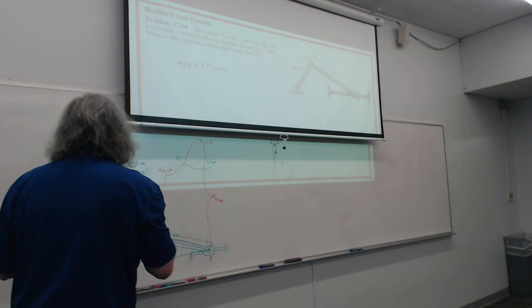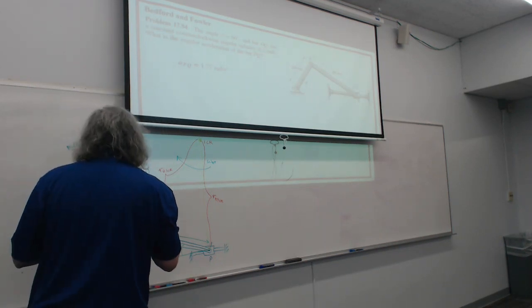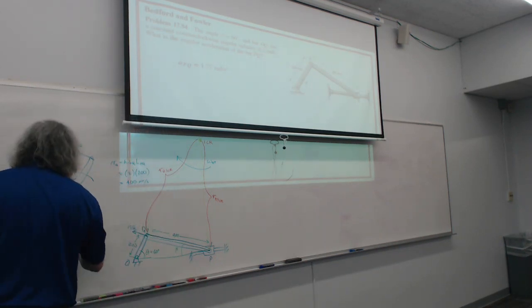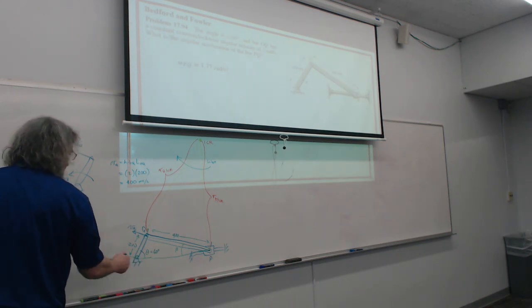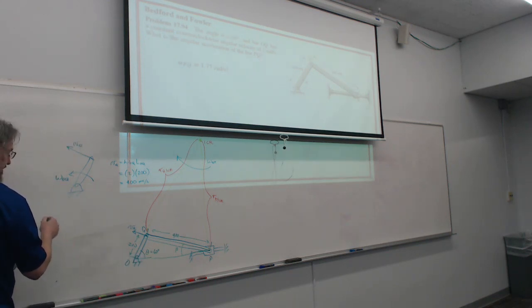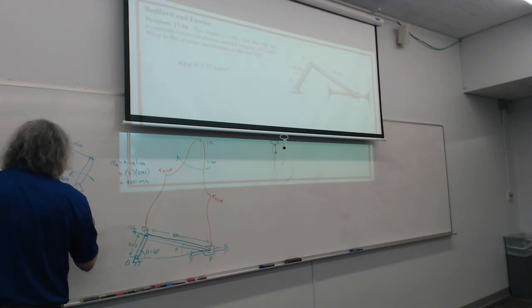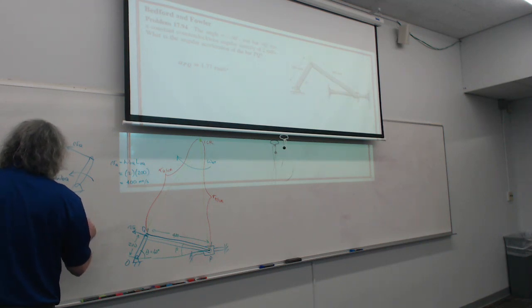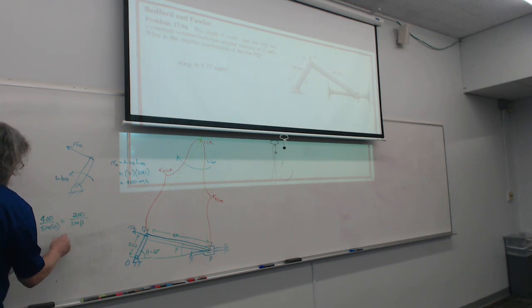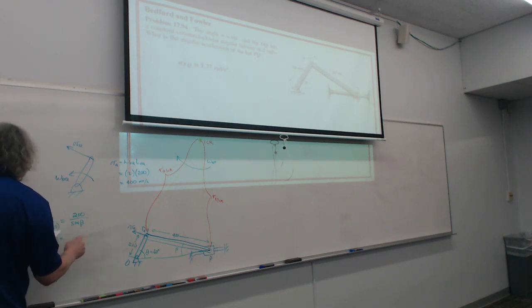Oh, I did the law of sines. Okay, so law of sines, to be able to find what my beta is going to be, I said that 400 divided by the sine of 60 is going to be equal to 200 over the sine of beta. So I was able to find my beta to be 25.66.